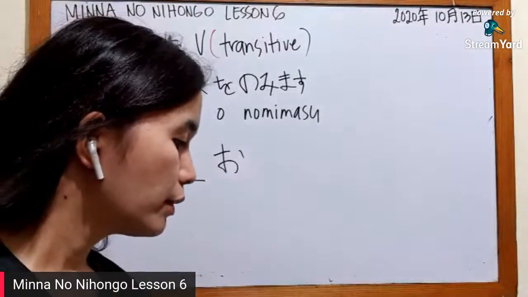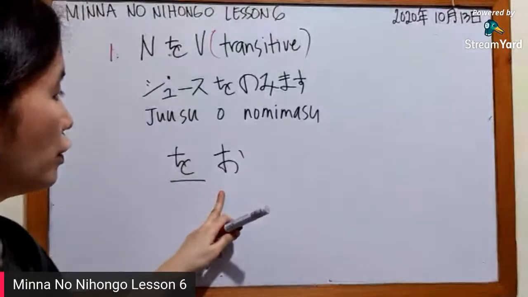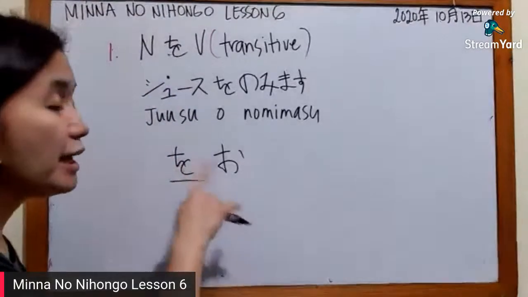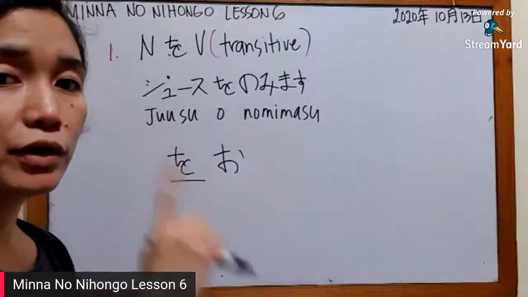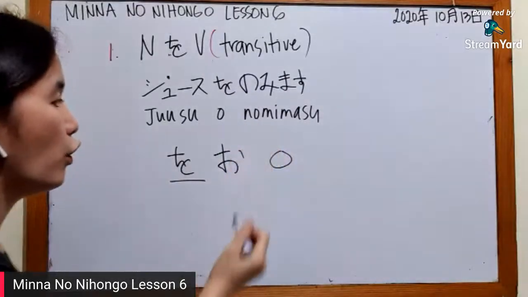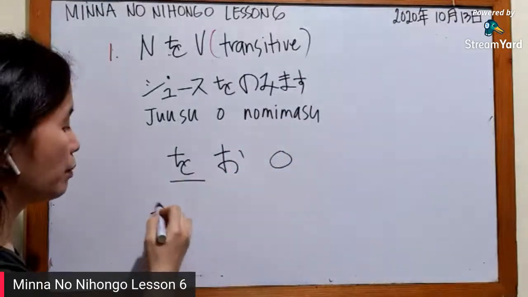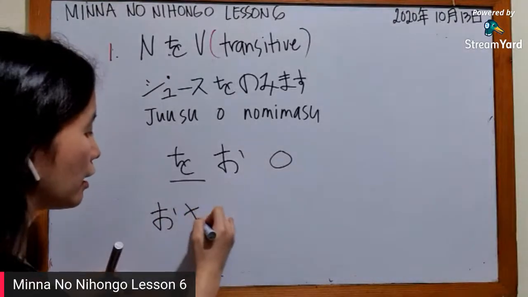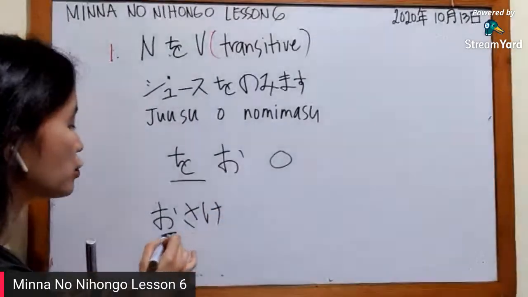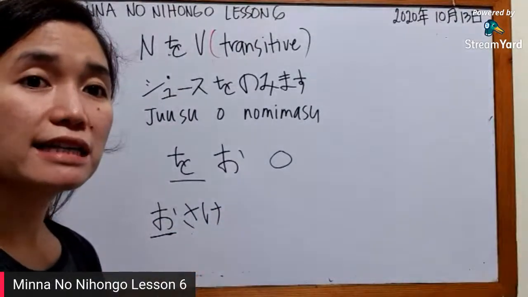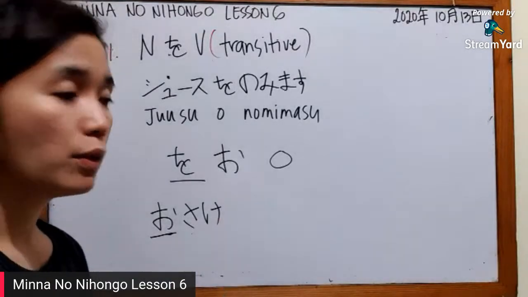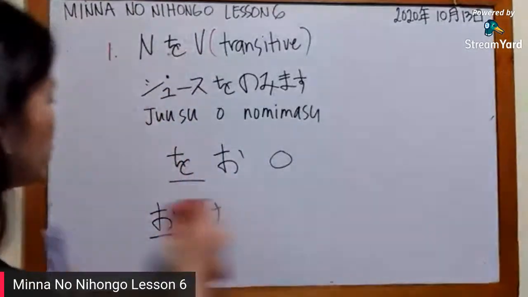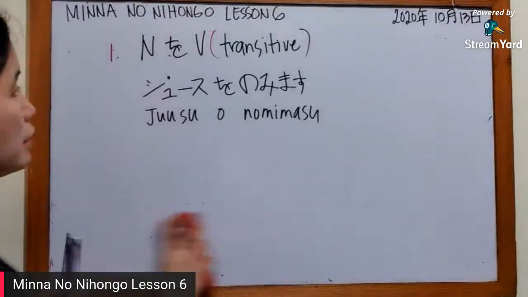And this one is used in writing, for example, but they are pronounced the same. This o, this is o. Same. So this one is applied before a noun. For example, o-sake. This is to show respect to the listener to whom you are talking. O-sake. But still the same pronunciation.